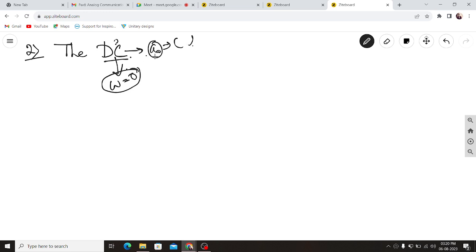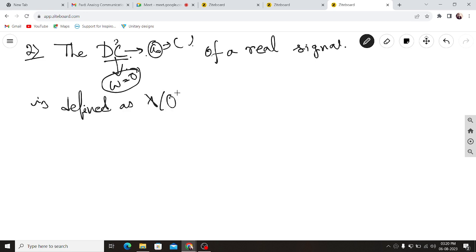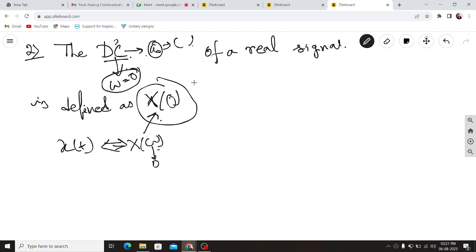So the DC value of a real signal is defined as X of 0. If I have a signal x(t) and correspondingly a Fourier transform X of omega, then the DC value means omega equal to 0. So this is the value X of 0. Is it clear for everyone?